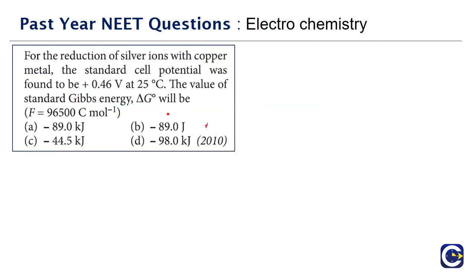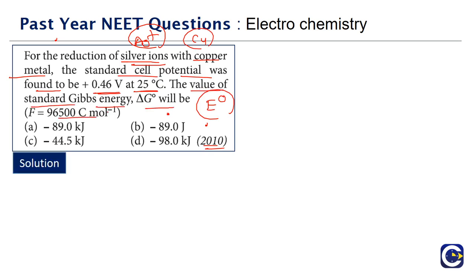Next, we have a question that has come in 2010. For the reduction of silver ions, Ag+ ions, with copper metal, the standard cell potential is found to be 0.46, means the E naught value. The value of the standard Gibbs energy, del G naught, will be, means here we need to find the del G naught value.